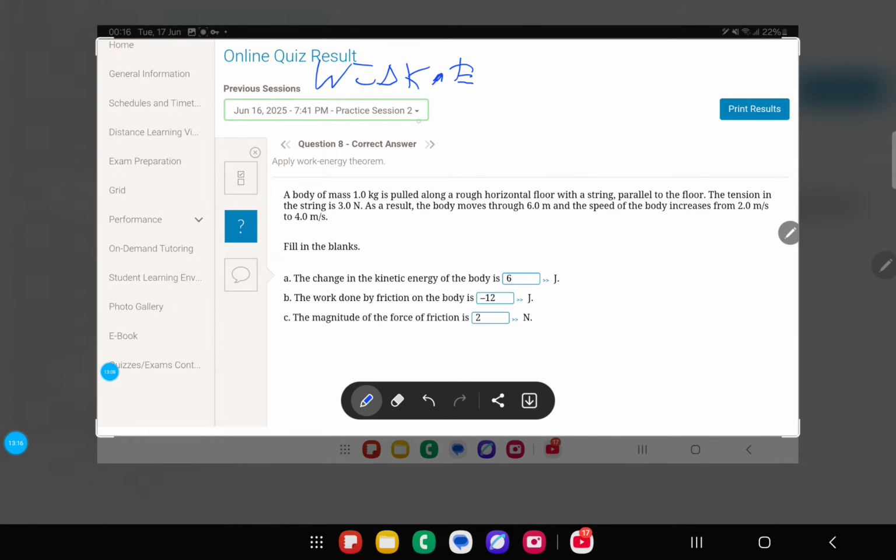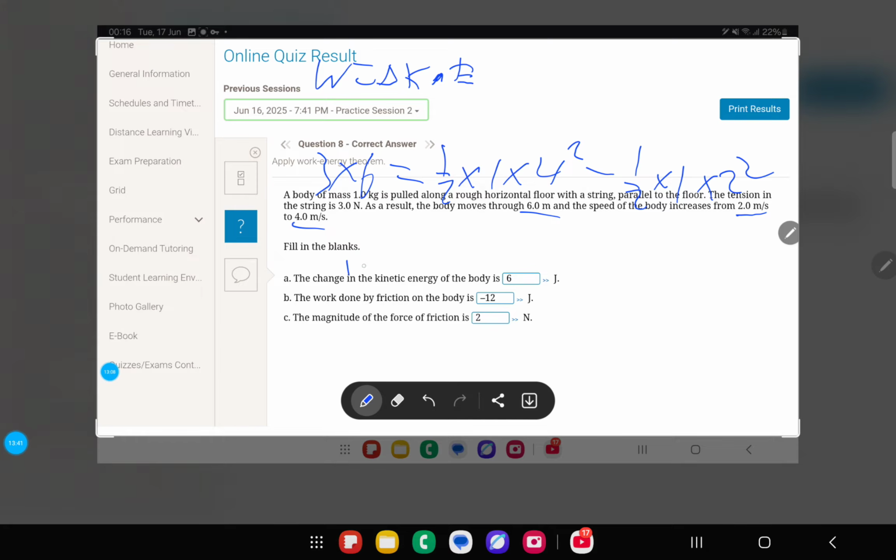Right? Work here is force times distance. We have force as 3 times distance 6 equals 1 over 2 times mass 1 times v squared. They said it becomes 4, so it's 4 squared, minus 1 over 2 times 1 times it was 2, so initial velocity is 2 squared.